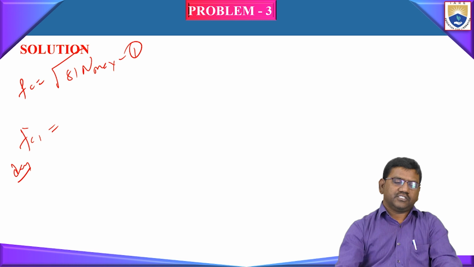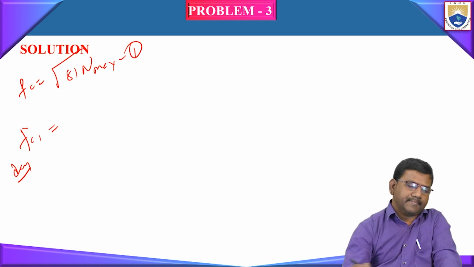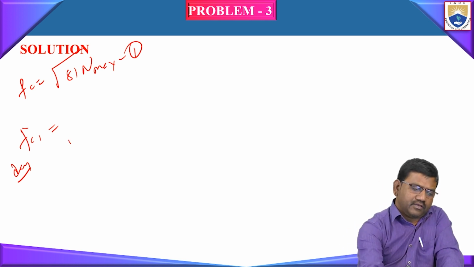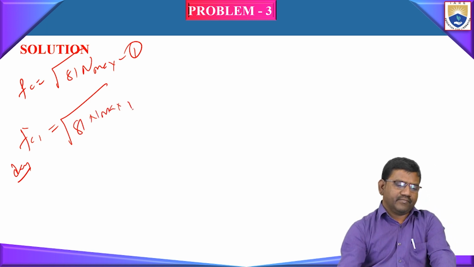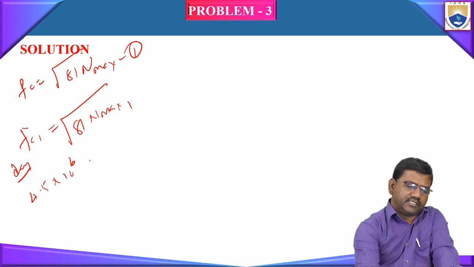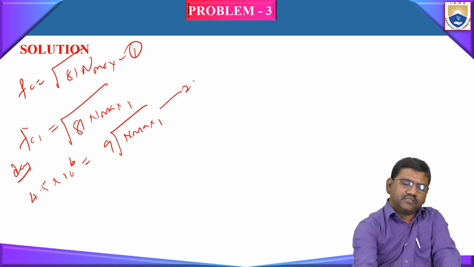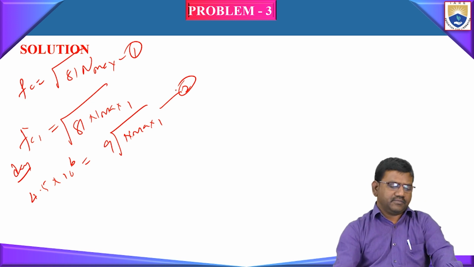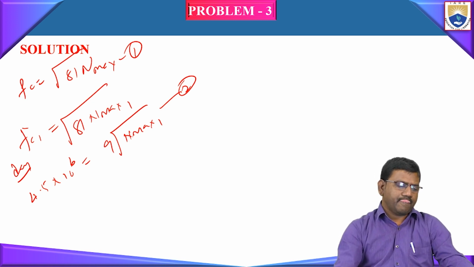For daytime, Fc1 is equal to root of 81 into n max 1. So Fc1 is given as 4.5 into 10 power 6 is equal to 9 root n max 1. Let us assume this as equation 2 here.